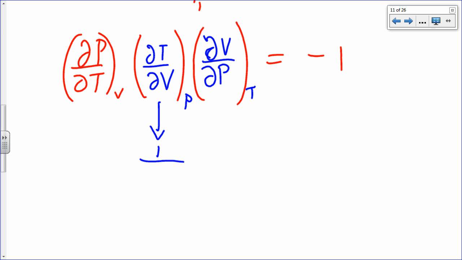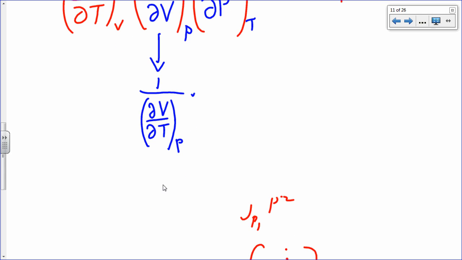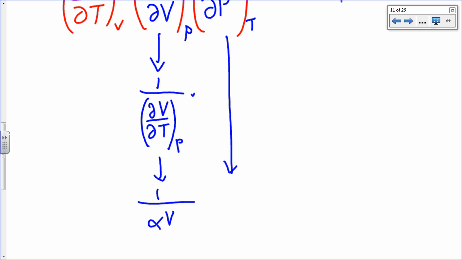This is just 1 over what derivative? Partial of volume with respect to temperature holding pressure constant. And so we can see that that is 1 over alpha V.